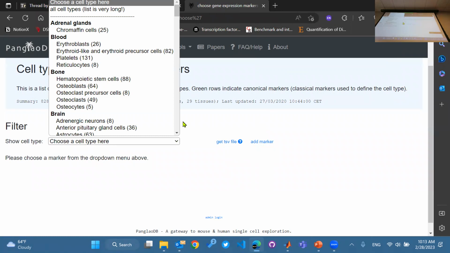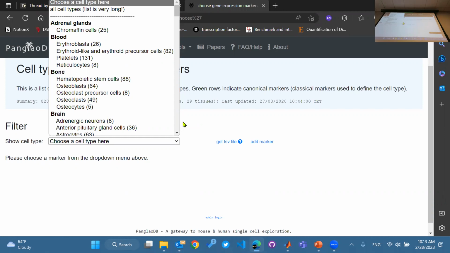In this database, you have cell types. With each cell type, you have marker genes, but I'm writing this one out: gene 1, gene 2 may define cell type 1.